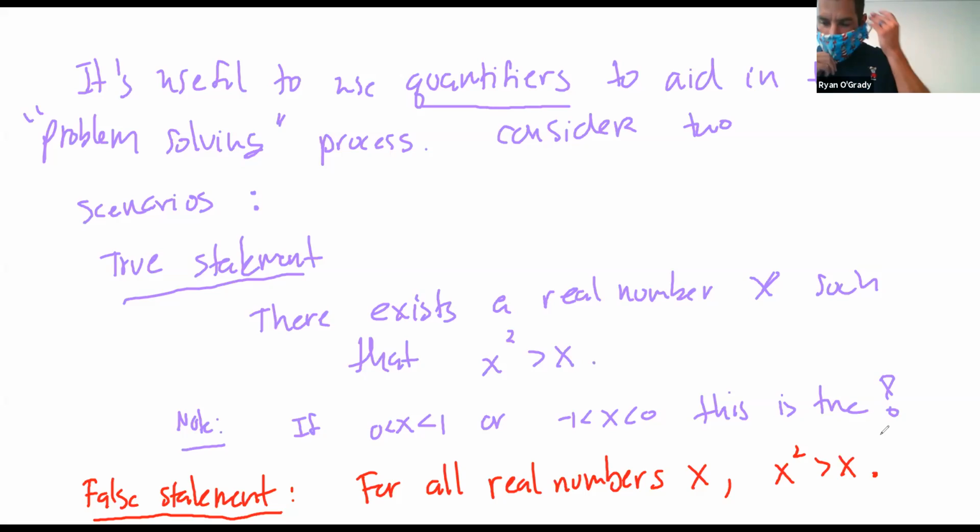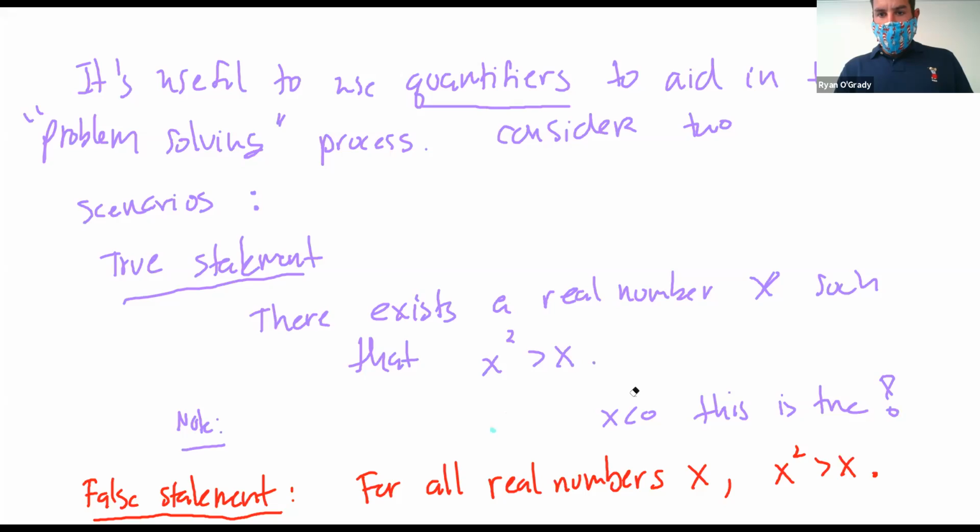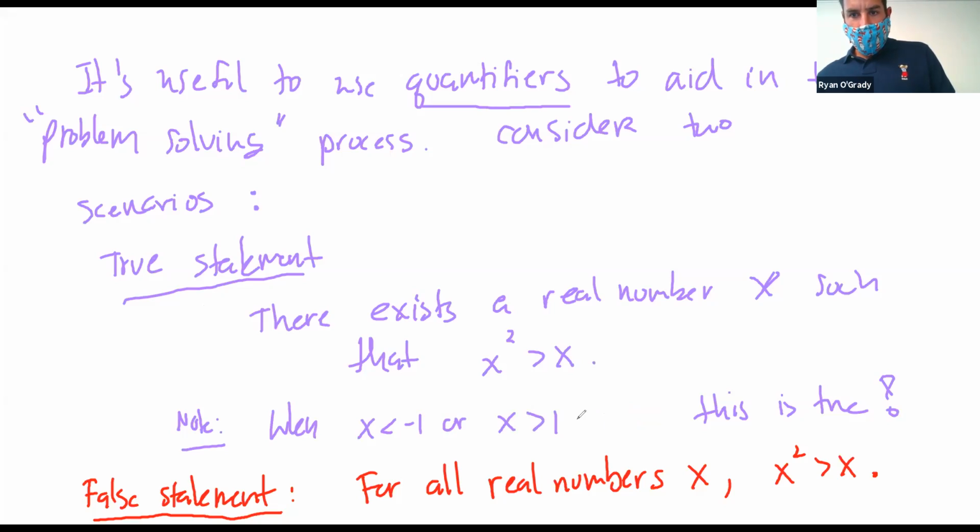Okay. So we're paying attention. That's good. So if we take the eraser, what should the note actually say? The note should say, when x is less than -1 or x is greater than 1, this is true.